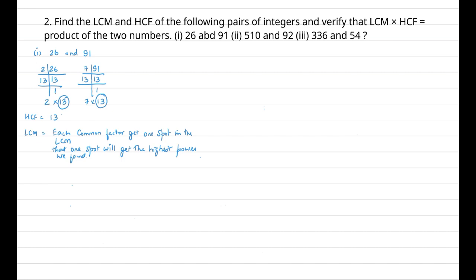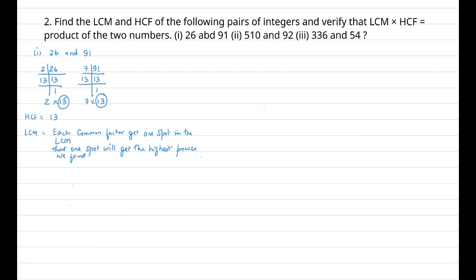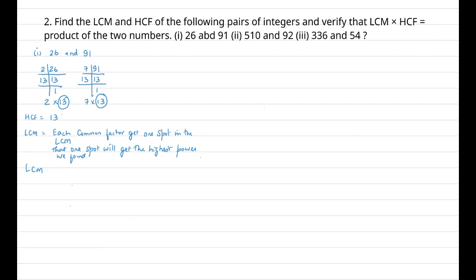So what does the LCM rule say? Each common factor gets one spot in the LCM. So the factors are 2, 13 and 7, 13.